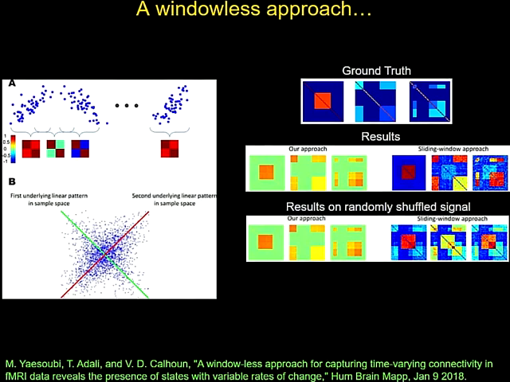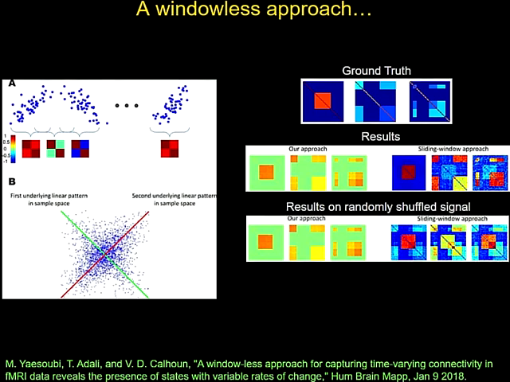Similar to the CAPS approach Julia mentioned, you can avoid assuming that these transitions are smooth, in this case with a windowless approach. Imagine you had two different patterns of covariation occurring here. If you're using something that assumes a smooth transition, you might get an artifactual intermediate state estimated here.